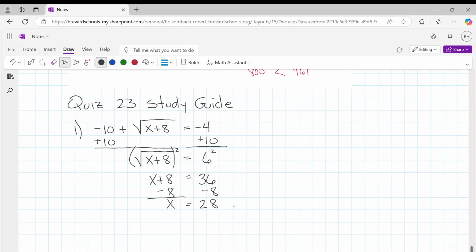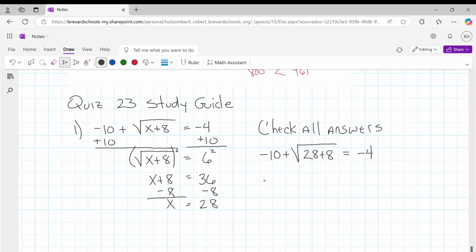And then I would recommend that you check your answer, or that you check all answers. Take the 28, put it back in the equation, and see if it makes the equation true.